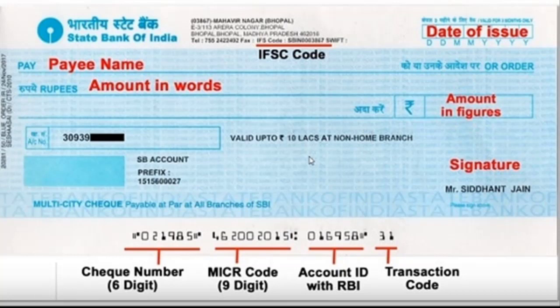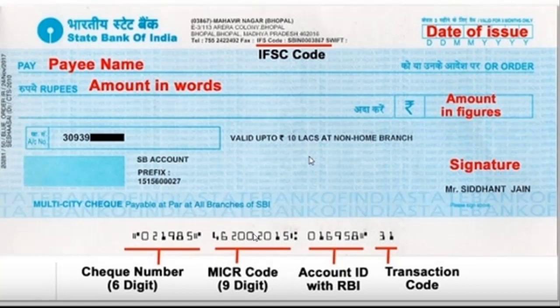Usually in case of the nationalized bank, the account number is an 11-digit account number. Due to the core banking system, now the account number is lengthy. Then at the end, the name of account holder, it is printed by the bank.